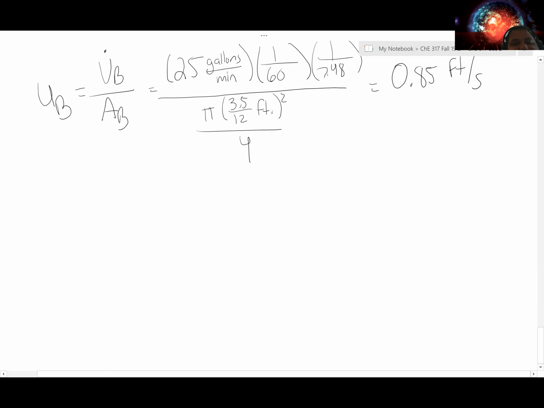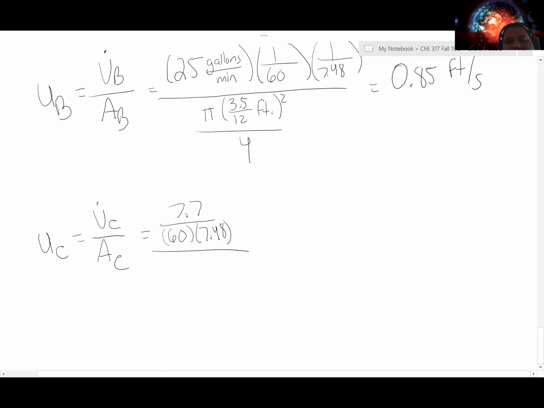And then for C and D, it's the same expression, 7.7 divided by 60 divided by 7.48. I'm giving you shorthand, hopefully you understand, just for the sake of time.